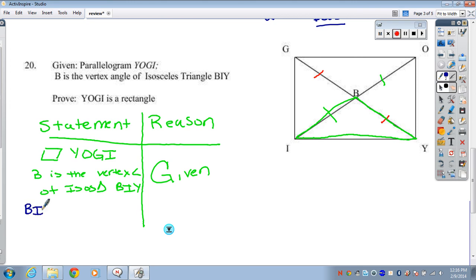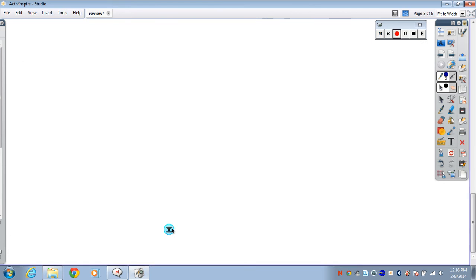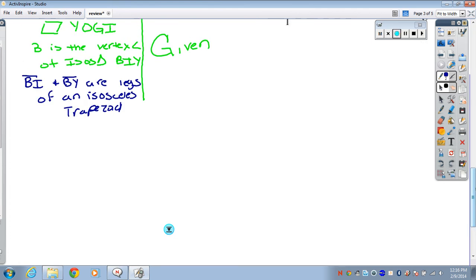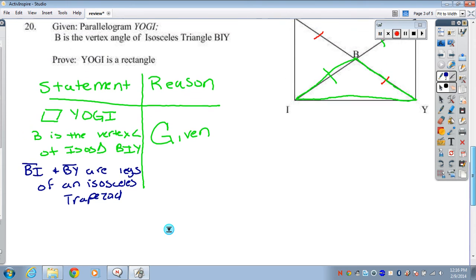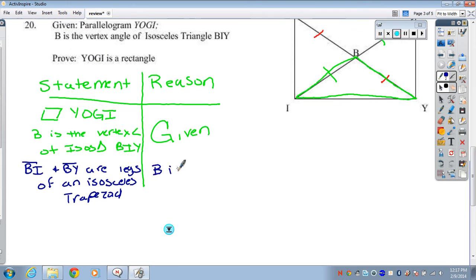So BI and BY are legs of isosceles trapezoid. Reason: B is the vertex angle of isosceles triangle BIY.